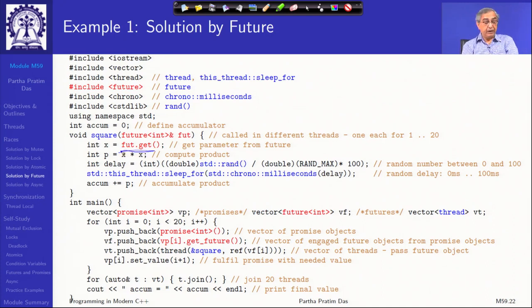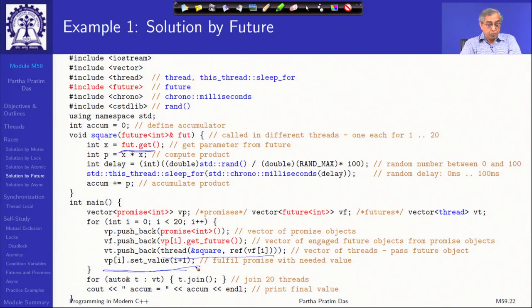Then you create this thread with that particular task that you want to do, the square, with the future that you have given it. And after creating that, in the promise you set the value that you want to give to the future.